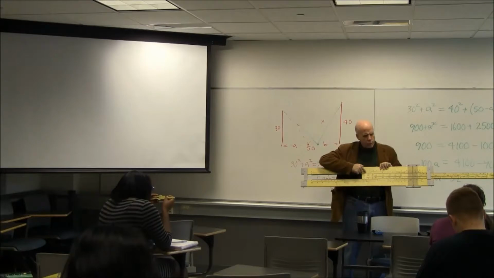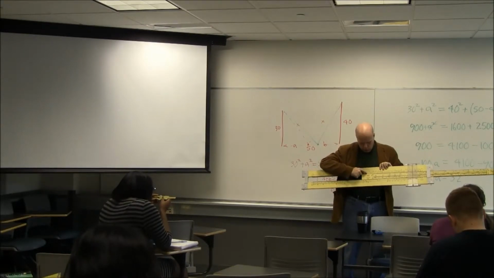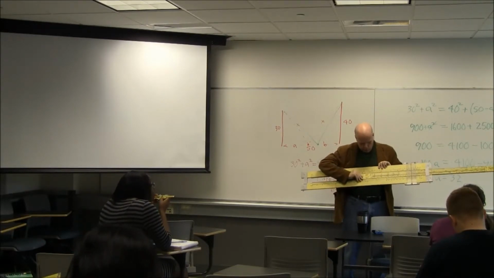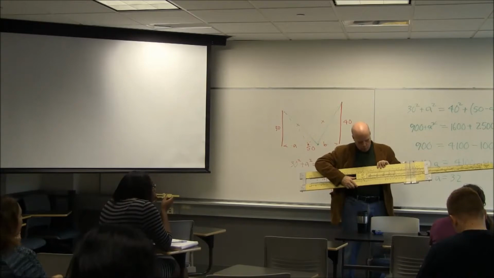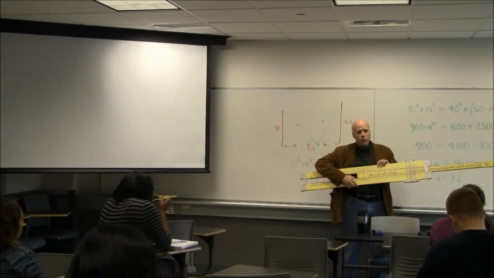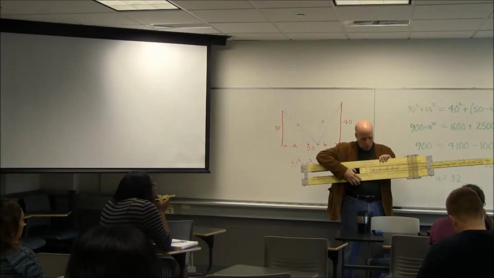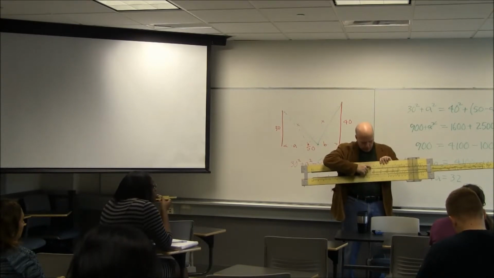Did I say 12.4? Okay, I've gone too far because here's 11, there's 12. Where should I move to get to 12.4? I need 2 of those minor subdivisions. So I'll just put it on there, 12.4. Is that visible to you guys from the back? I've got 12.4 set up. I put the beginning of the B scale at the position 12.4.